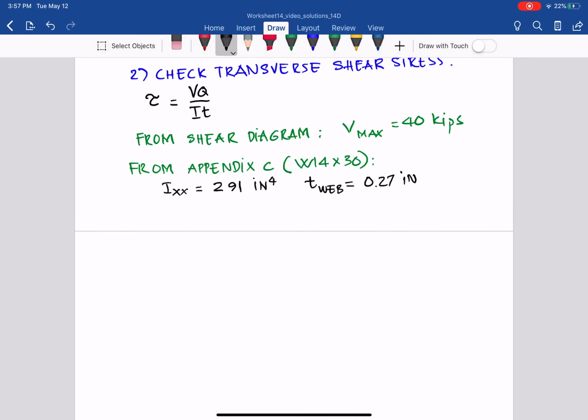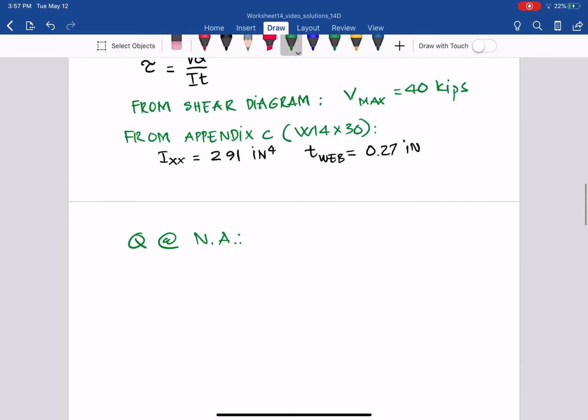So we need to find Q, the first moment of outward area from the neutral axis. If you are not familiar with that, I suggest you go back to lesson 10, where we have many worksheets working on it. Let me draw that from appendix C.